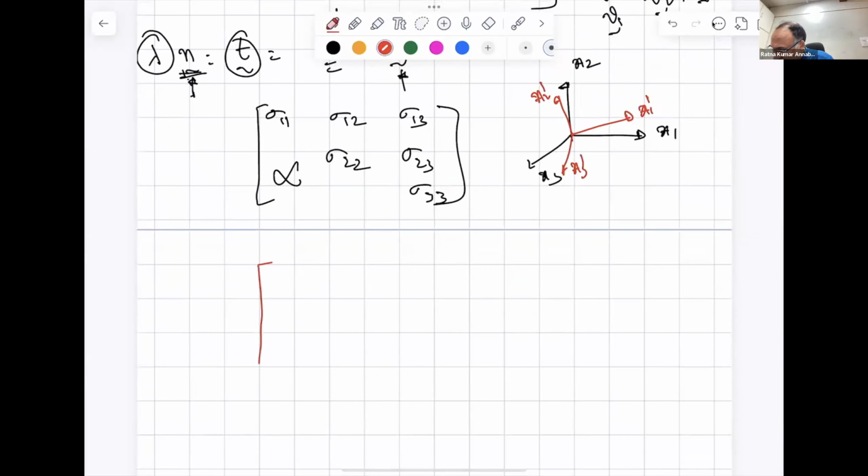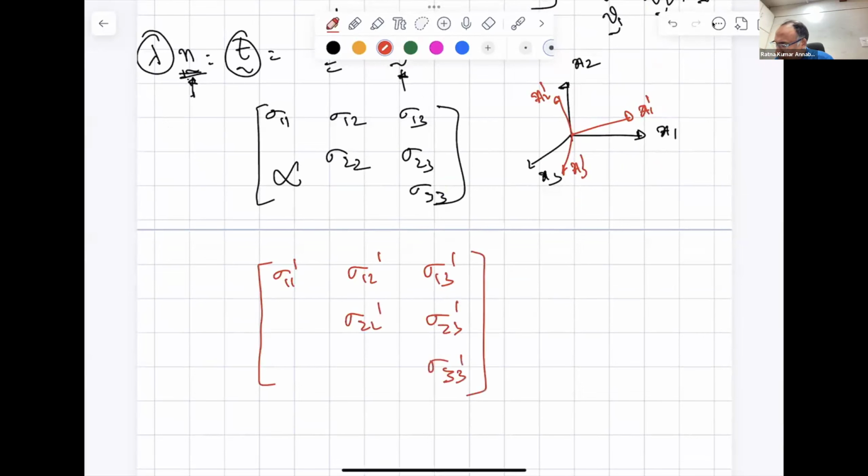Similarly, the same stress tensor with respect to the new frame of reference: sigma 11 dash, sigma 12 dash, sigma 13 dash, sigma 22 dash, sigma 23 dash, sigma 33 dash. It is the same state of stress, but written with respect to a different coordinate frame of reference.